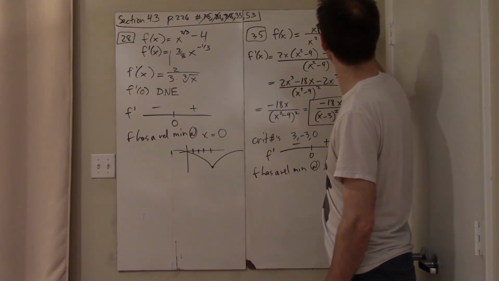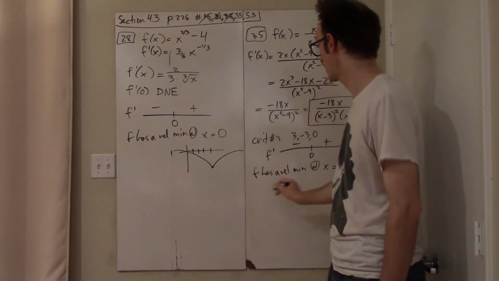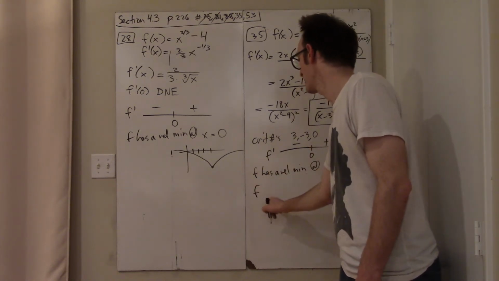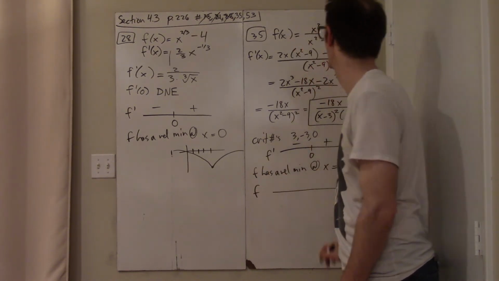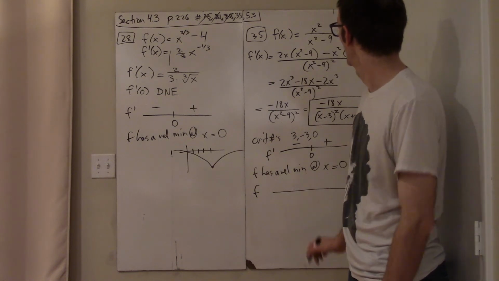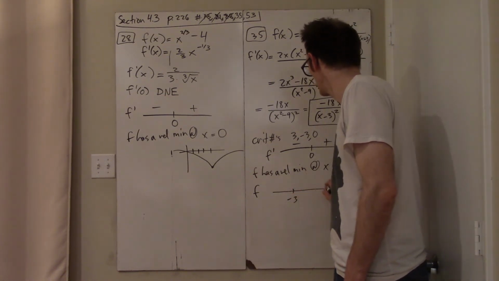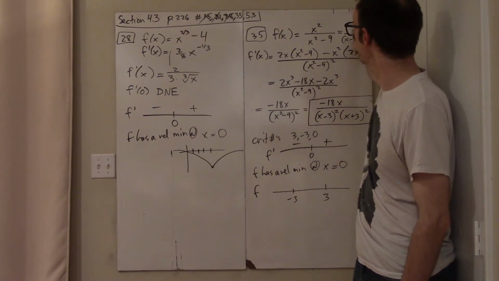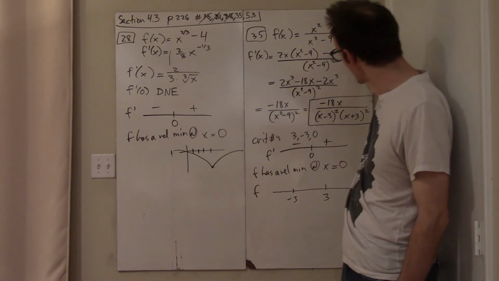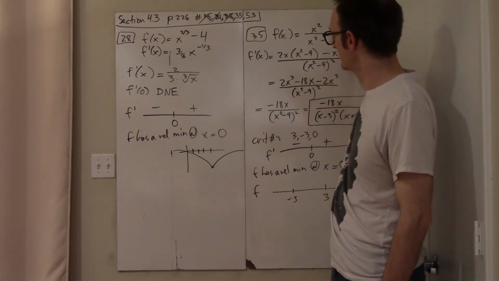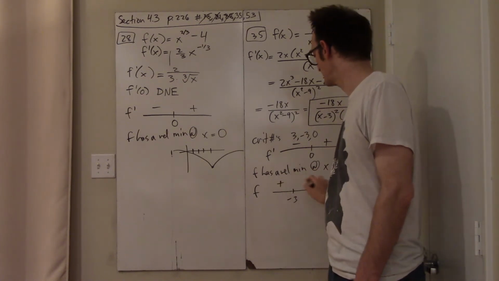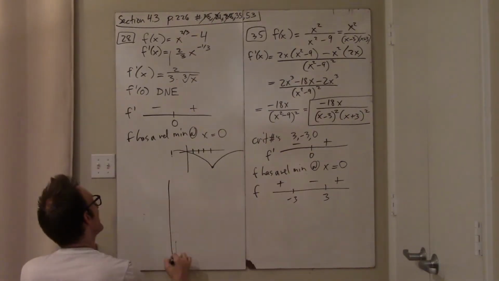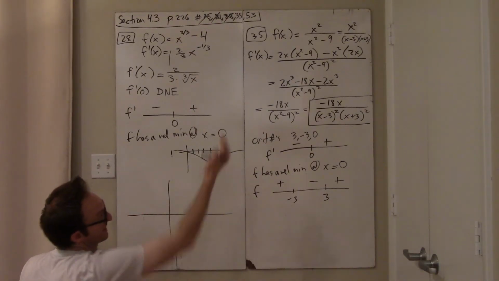If we wanted to make a sign chart for this function, notice I always label my sign chart so we don't get confused, it will look like, well, here's negative 3, here's 3, and the numerator is always positive, so I ignore that and just focus on the sign of the denominator, which is quadratic, so it's plus minus plus.